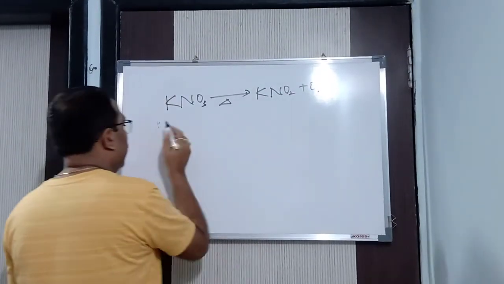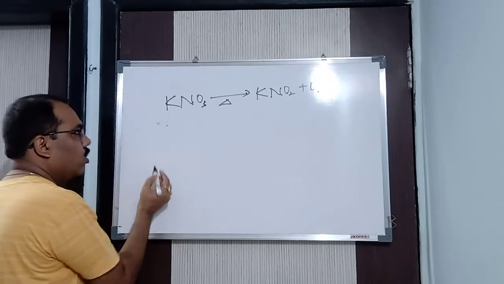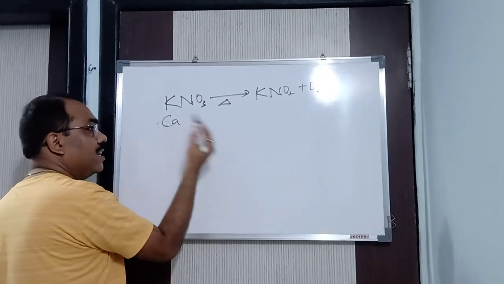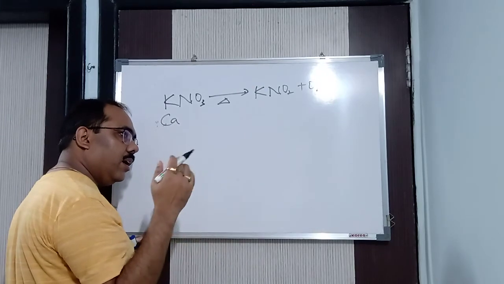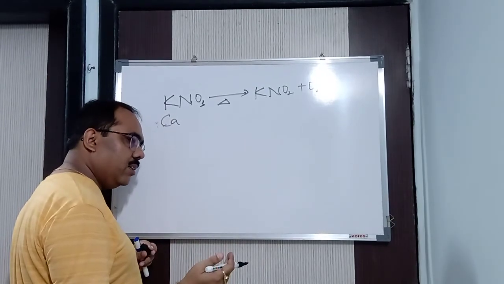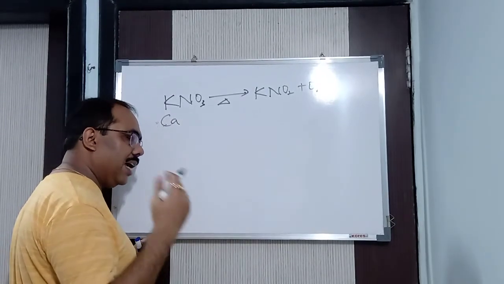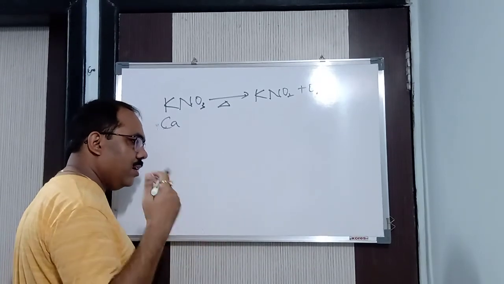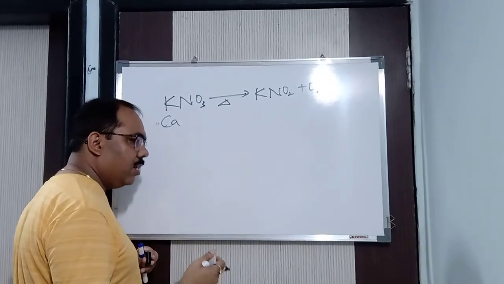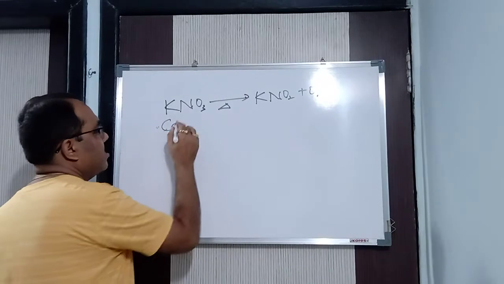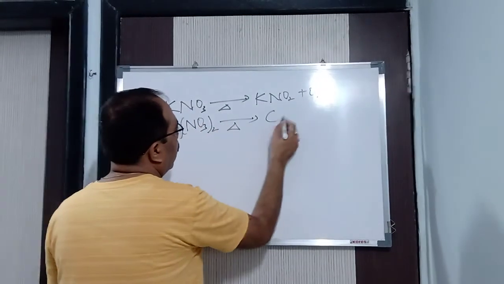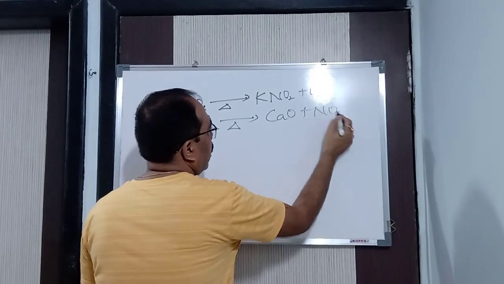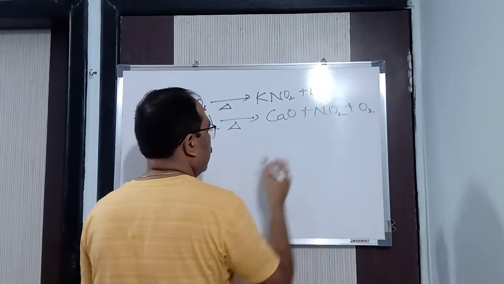Now, for any nitrate from calcium to copper in the metal activity series, that is calcium, magnesium, aluminium, zinc, iron, lead, nickel, tin and copper, on heating you get oxide, nitrogen dioxide and oxygen. Please balance it by yourself.